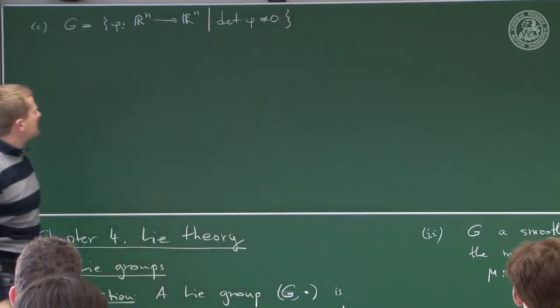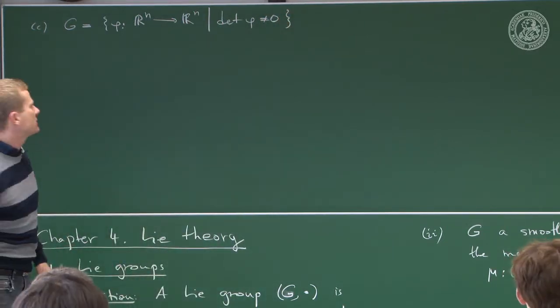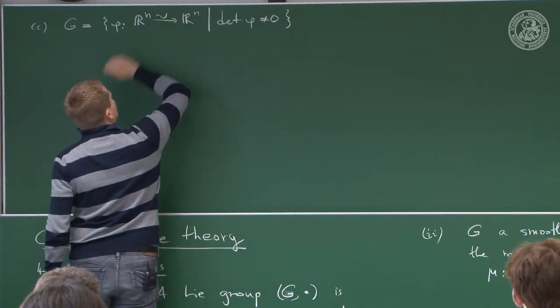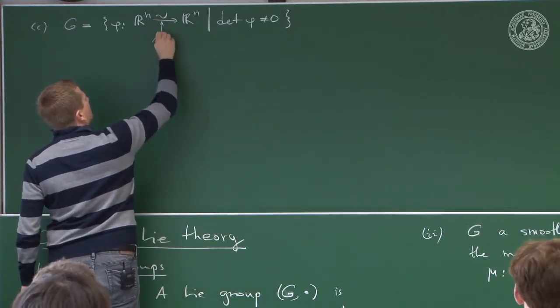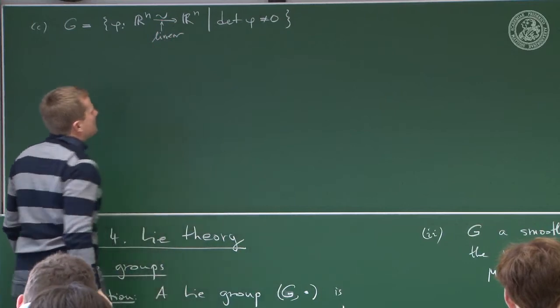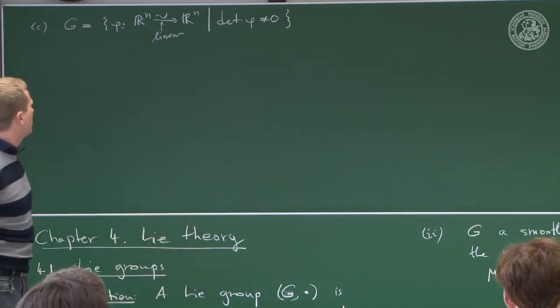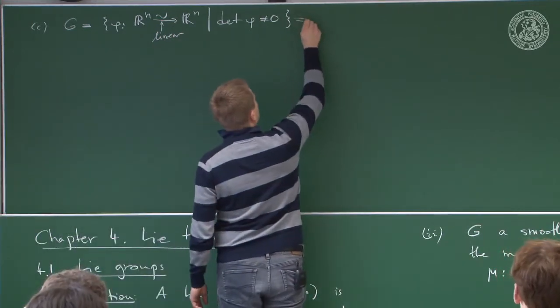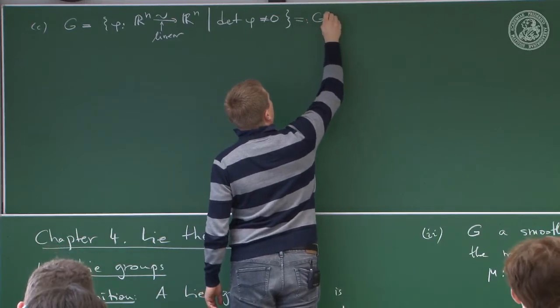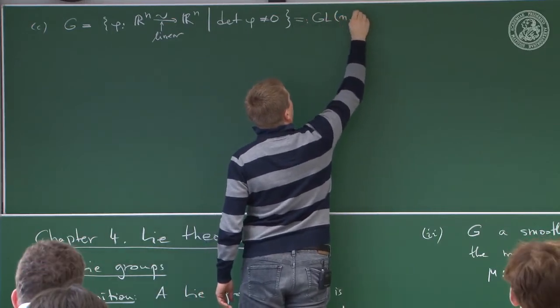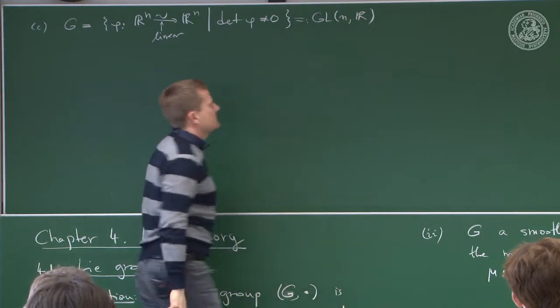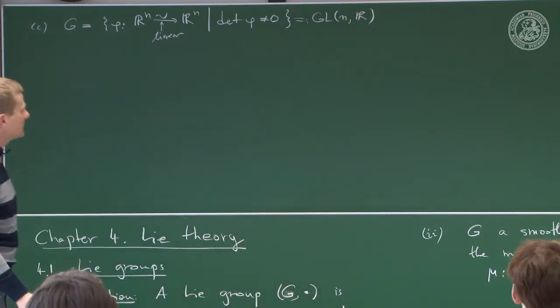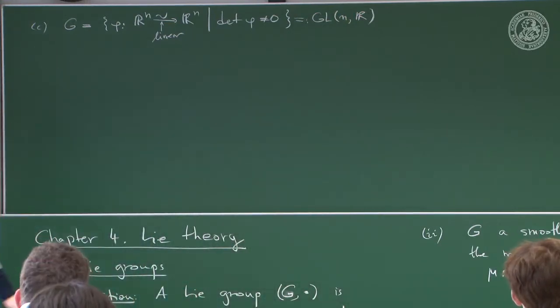This, of course, means that these linear maps are invertible. So I should emphasize here this is supposed to be linear maps that are invertible, and that set has a special name that's called GLn over R. That's the general linear group. Well, it's not a group yet, that's only a set.